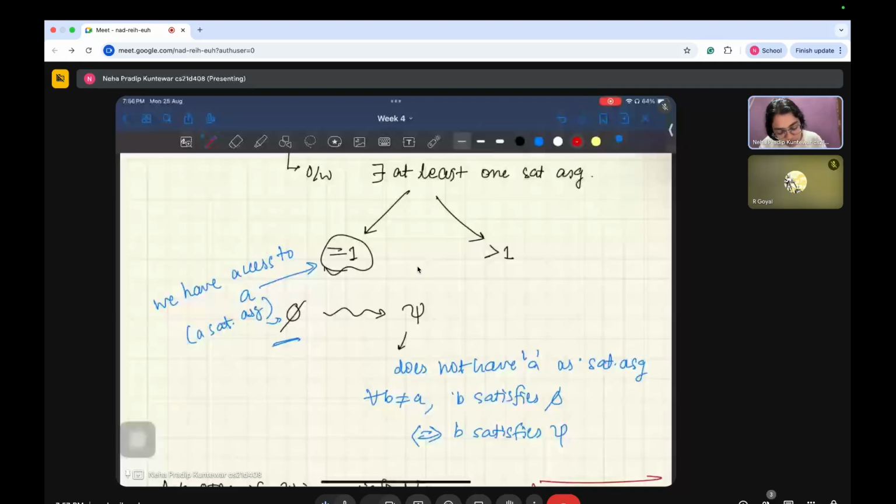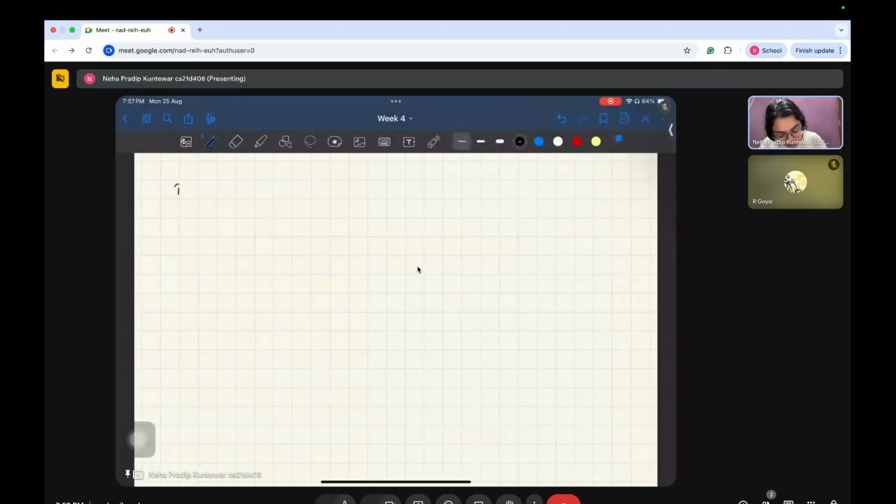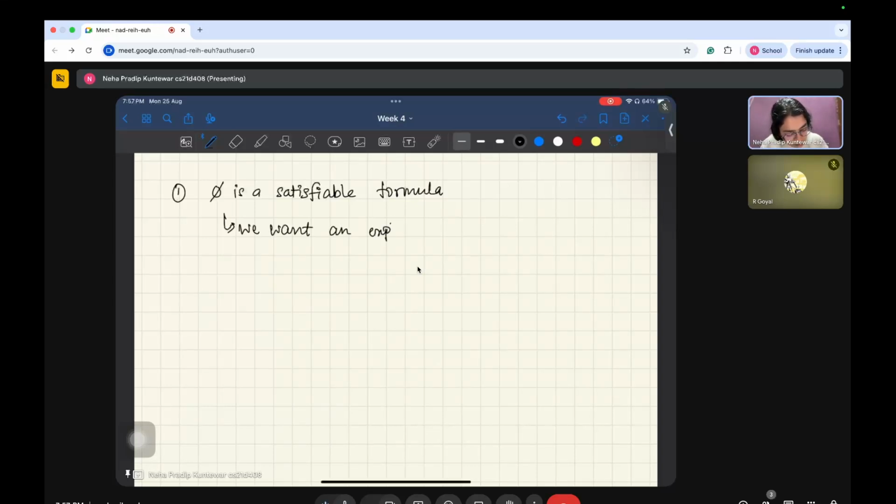Okay, so let's do the first part. We know that phi is a satisfiable formula, and now we want an assignment, or I'll call it an explicit assignment, a for phi. This is the first part that we want.